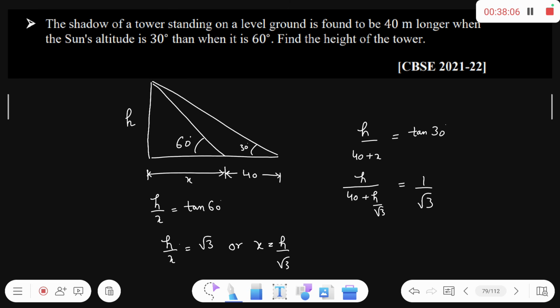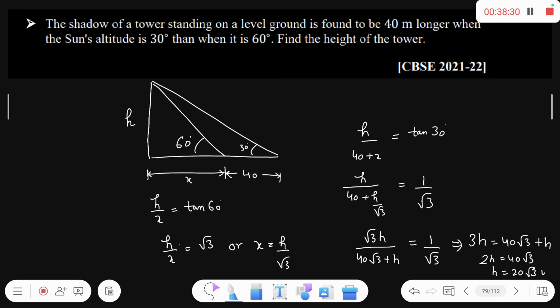On solving this, you'll get root 3h upon 40 root 3 plus h is equal to 1 by root 3. On cross multiplication, it comes out to be 3h is equal to 40 root 3 plus h, or 2h is equal to 40 root 3, or h is equal to 20 root 3 units.